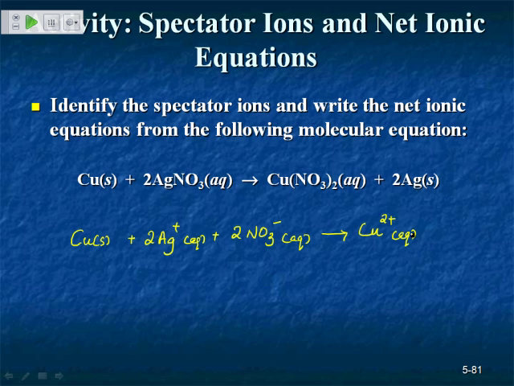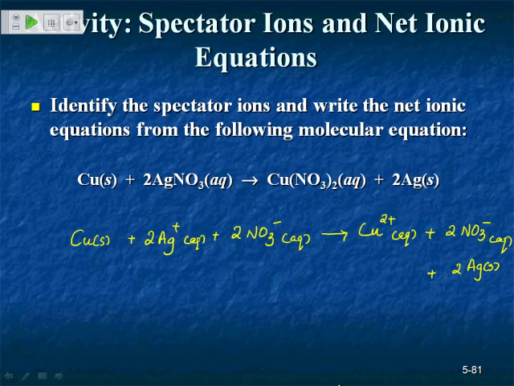Because you are looking at the negative ion, nitrate ion, which we know is NO3 minus, but there are 2 of them. That means copper must be 2 plus. So Cu2 plus and once again 2 NO3 minus Aq. And do I do anything with 2 Ag solid? No, I will write that as it is. So we have the ionic equation.